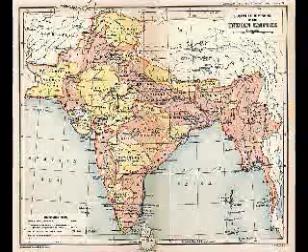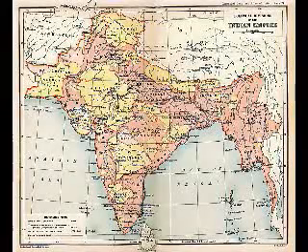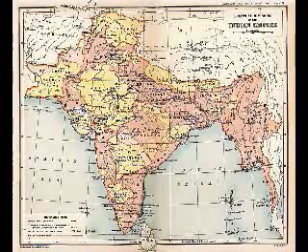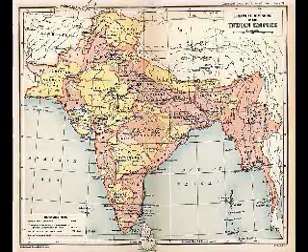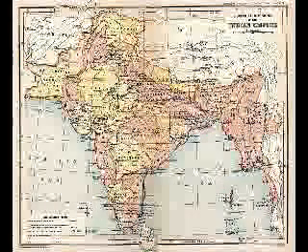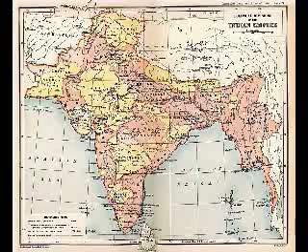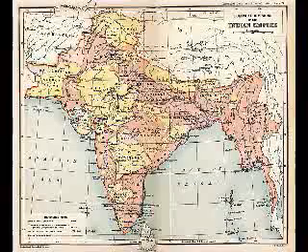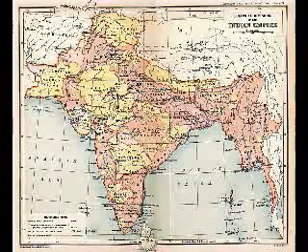Nawab's deputies. The Nizamat remained in the hands of the Nawab. This dual nature of administration came to an end in 1772 when the company decided to take actual control of revenue collection.